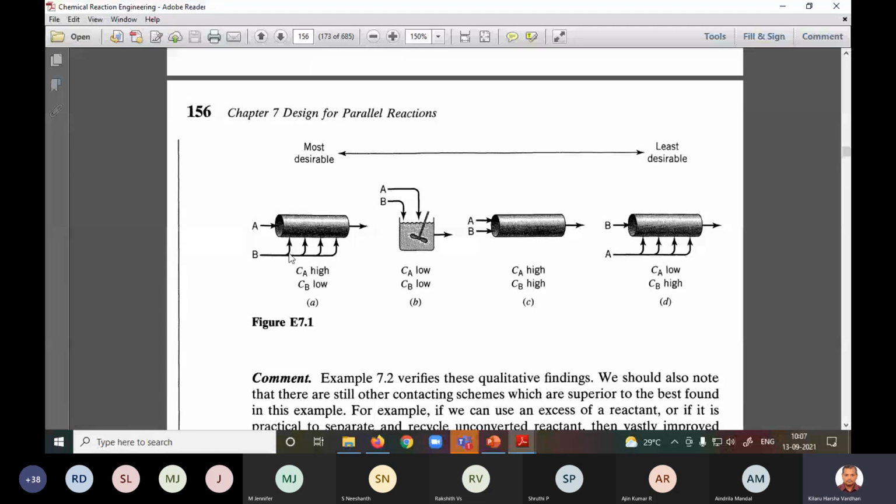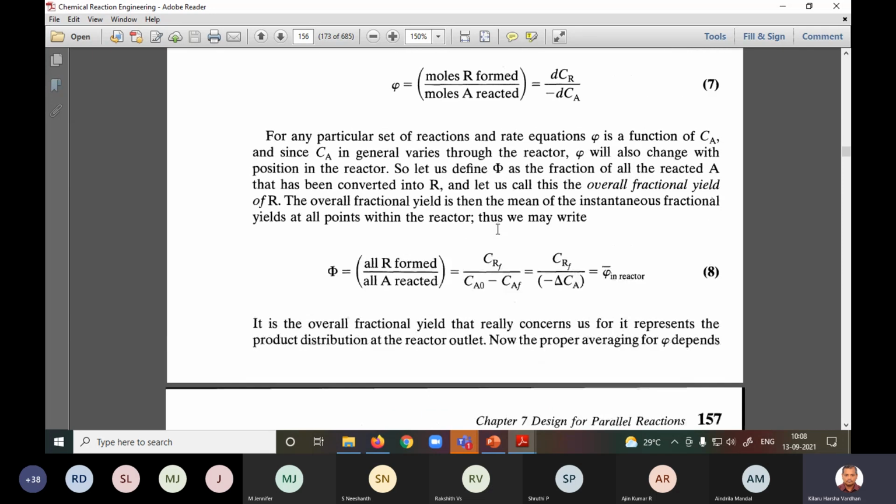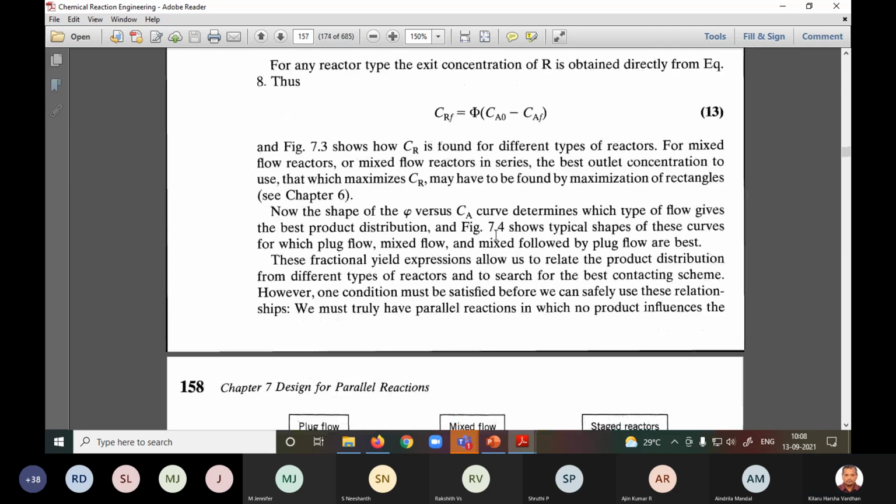One is plug flow reactor, but B is intermediate, that is high A, low B. Like that, low Ca and Cb low, Ca and Cb high, and these two we already studied. Ca and Cb in a plug flow reactor we already did, and Ca and Cb in CSTR also we did. So these two we need to do now. That is what they are doing in this problem.